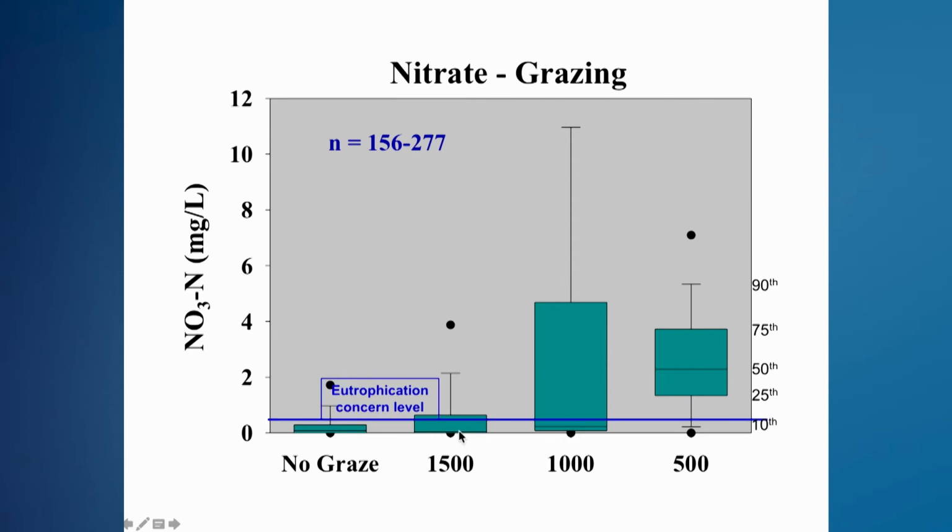In fact, they are lower than the concerns for eutrophication. However, with higher grazing intensity, leaving only 500 kilograms per hectare of residual dry matter, the median concentrations did increase quite dramatically. So this really shows that the grazing intensity has a big effect on the potential for nutrients leaving the watershed through the river system.